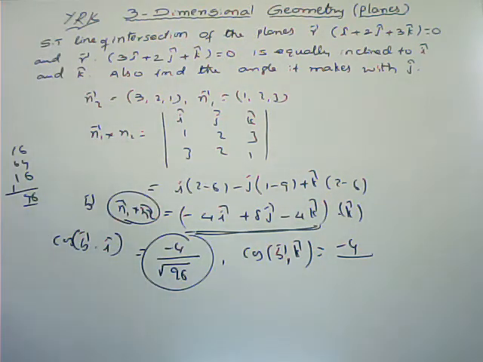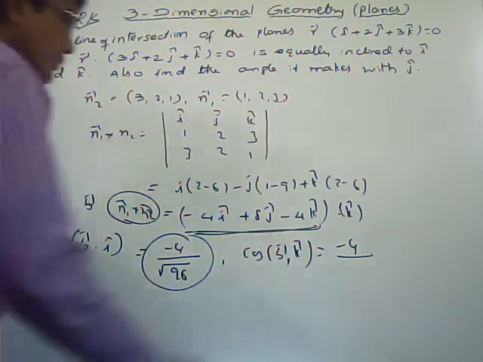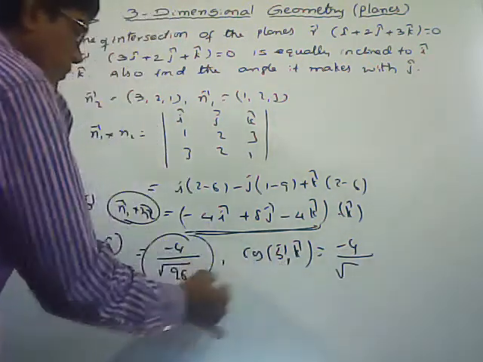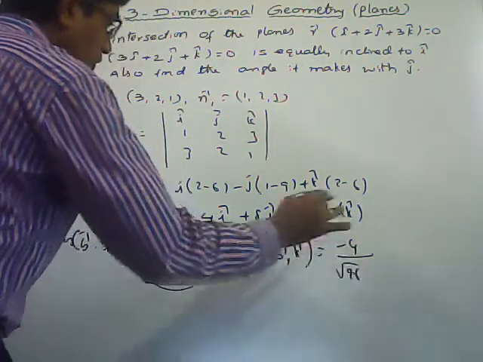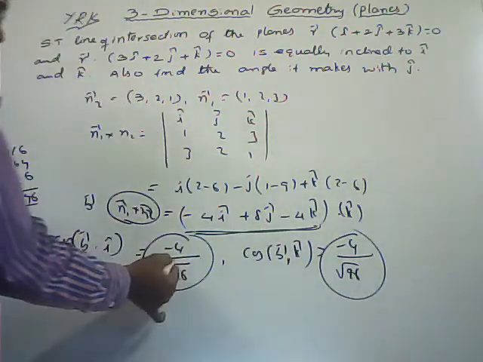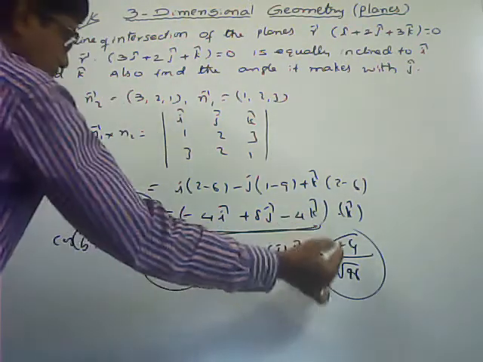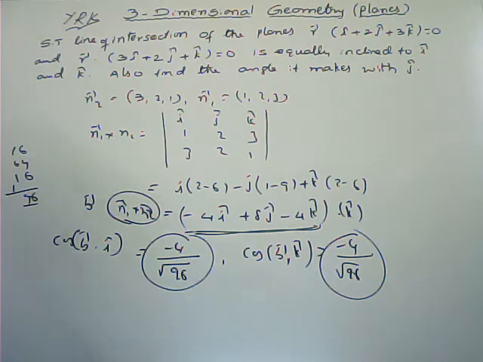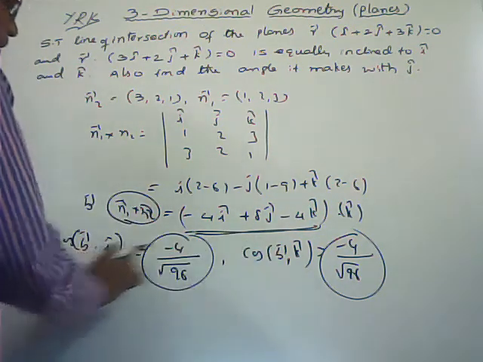If any two vectors are perpendicular, then the dot product is 0 only. Modulus of b bar is root 96, modulus of k cap is 1 only. So here also I got minus 4 by root 96. So the line of intersection makes equal angles with i cap and k cap.